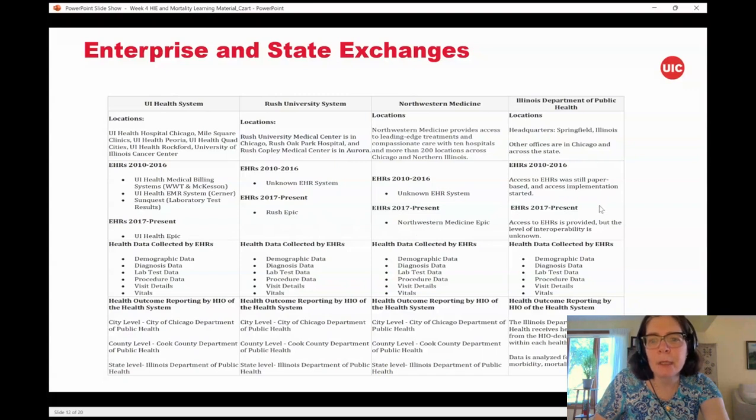The Illinois Department of Public Health also has local offices as well. So even though typically the headquarters is where the capital of the state is, they also may have local regional offices as well, and they could be requesting information for a specific reason. Therefore, it's important to keep in mind how these different partnerships of healthcare organizations work.